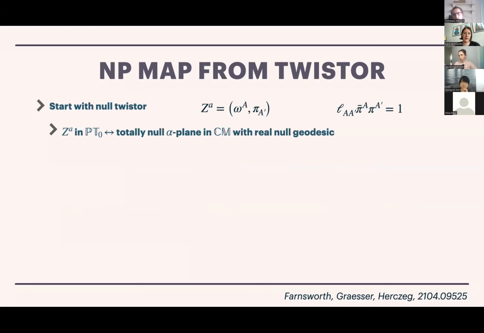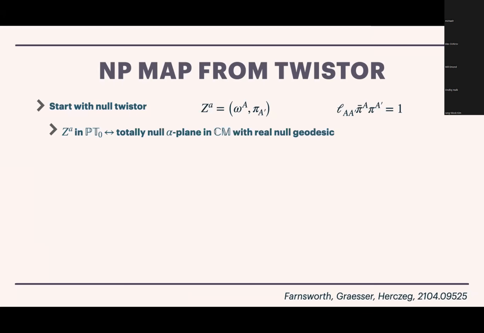So we start with a null twistor that's coordinatized by these two spinors, omega and pi, like Sylvia was talking about. And we choose a normalization for this. So L_{AA'} here is the null vector from before, but now written in this spinor notation. And pi bar A, pi A' is the null vector associated with this part of the twistor.